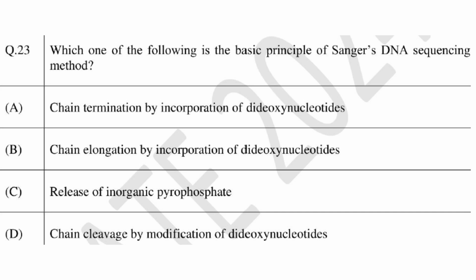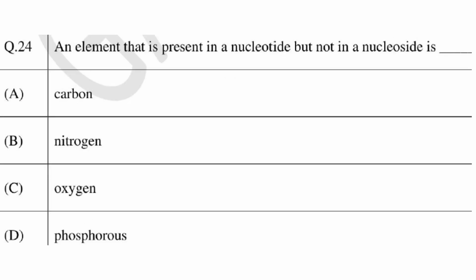These fragments are electrophoresed on a gel, and from there you determine the sequence of the DNA. So chain termination by incorporation of dideoxynucleotides is the answer. It is not chain elongation. So the answer here is option A.